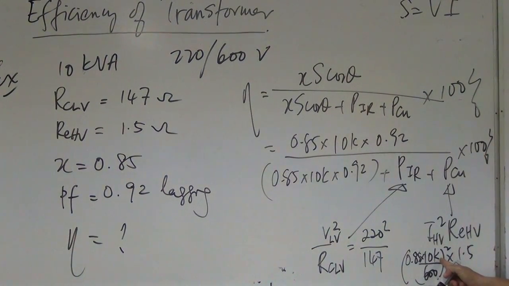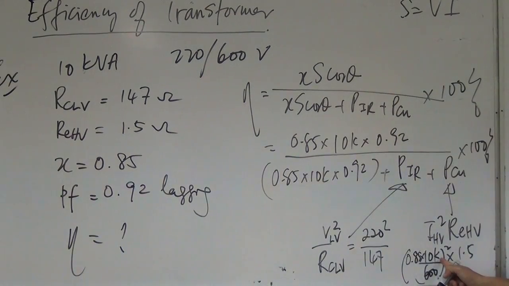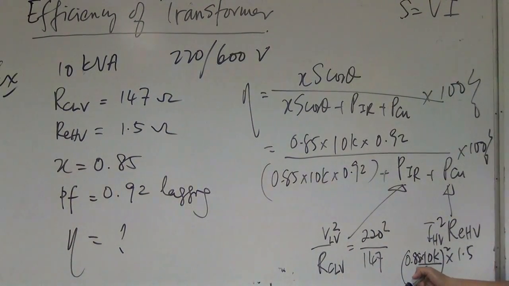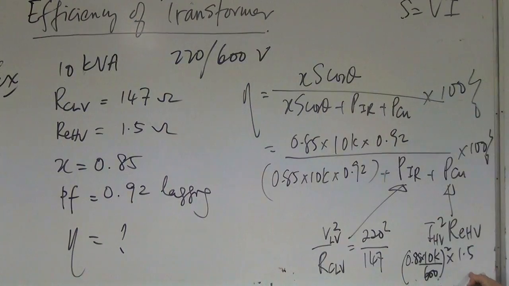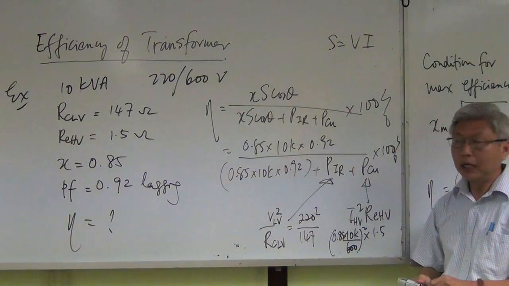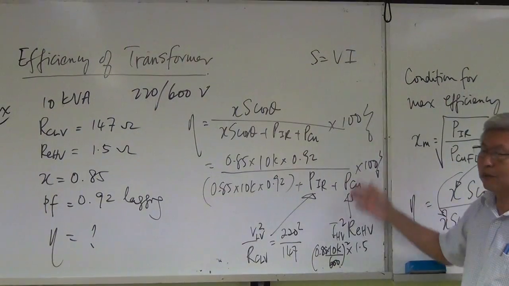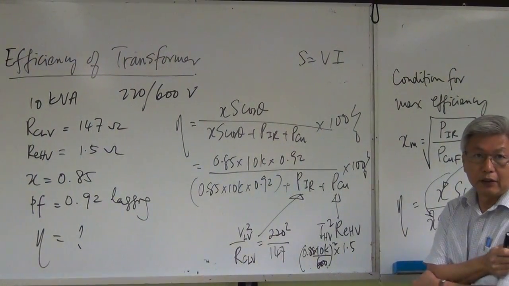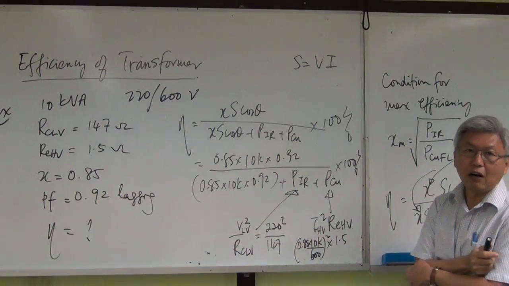That's not 10 kVA but 8.5 kVA, and the voltage is 600 volt. So with that I get my copper loss and all my values and my efficiency out. Alright? Try your tutorial questions or even the revision paper. Then you should make sense of what I'm talking about here. Okay? And that is efficiency of the transformer.